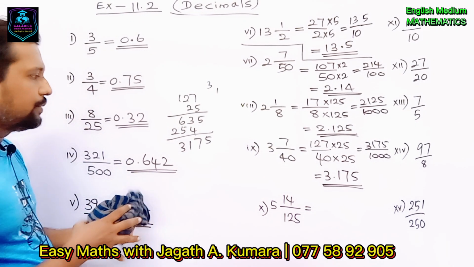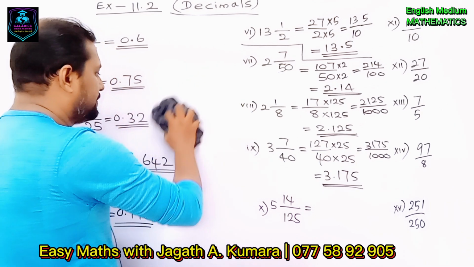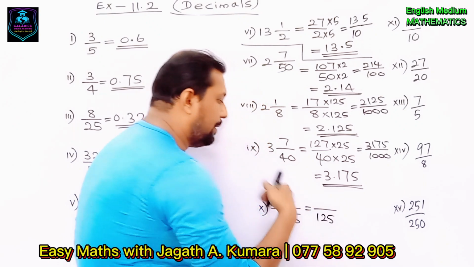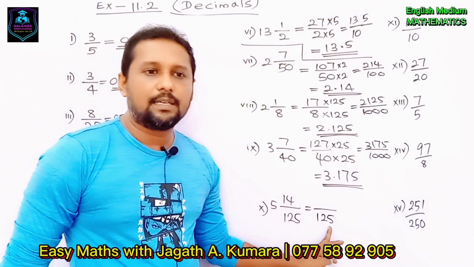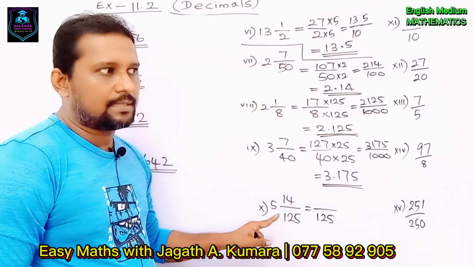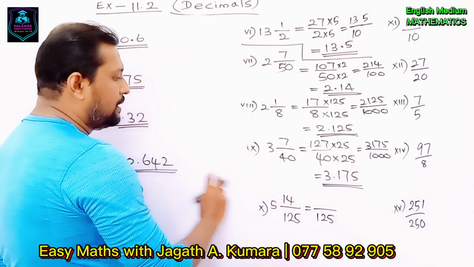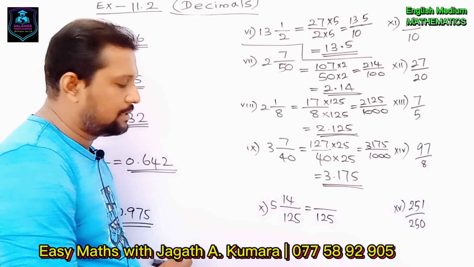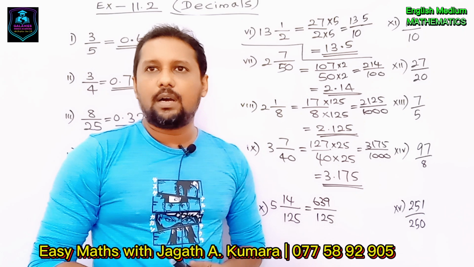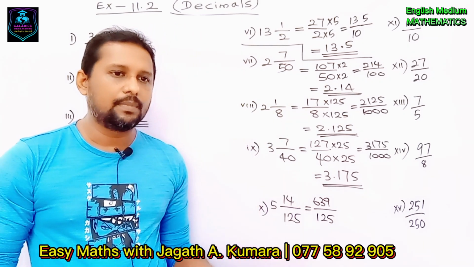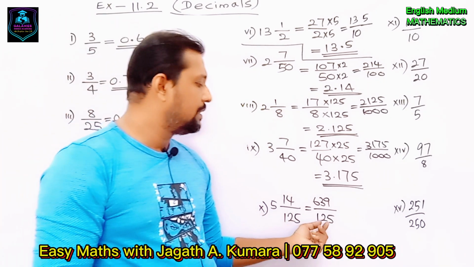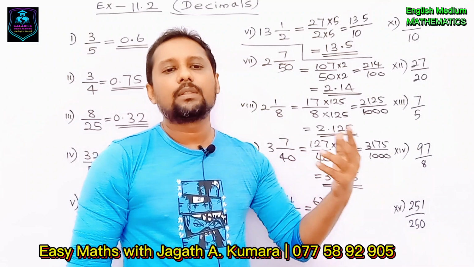Then I am going to get the answer for number 10. First I am going to convert the mixed number into an improper fraction. The denominator is 125. Numerator: 125 multiplied by 5. What is the answer? 625. 625 plus 14, 639. Then 125 you can't convert into 10 by multiplying a whole number. Also you can't convert into 100 by multiplying a whole number. But you can convert 125 into 1000.